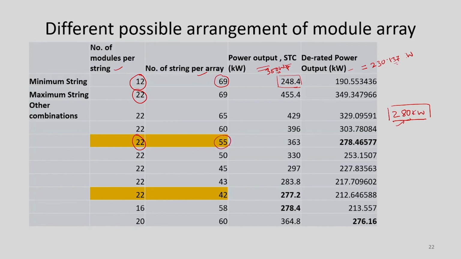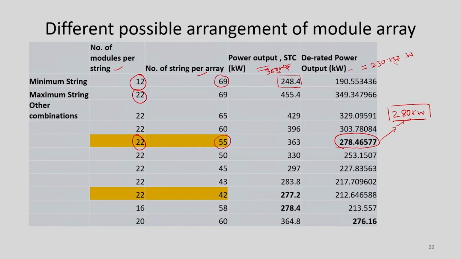Then if we consider the rated power, we get about 278.46577, which is very close to 280 kilowatt, the input to the inverter.